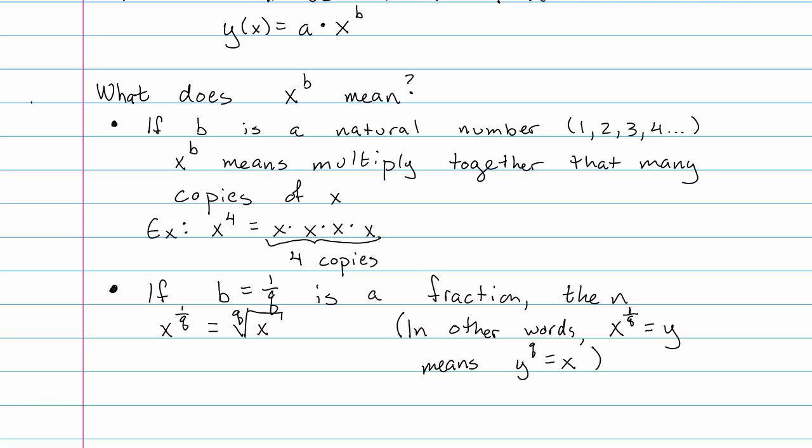So for example, if we have 81 to the 1/4 power, that gives us 3, because 3 to the 4th power is 81. And these actual calculations, you can do on your calculator. We're seeing this so that we kind of know what it means when we're writing it.